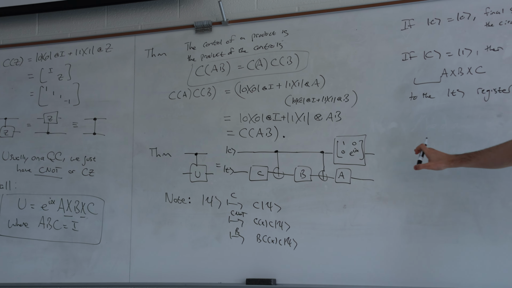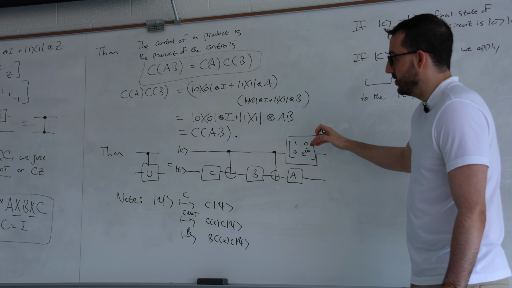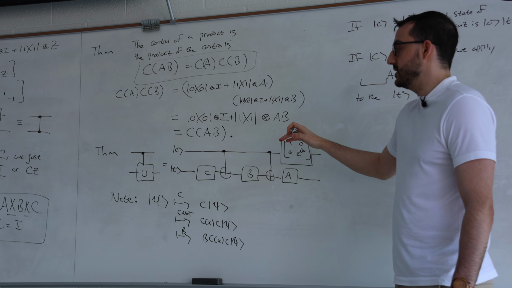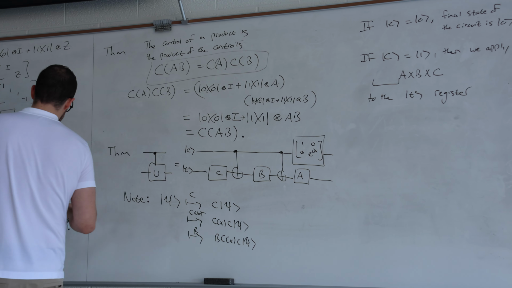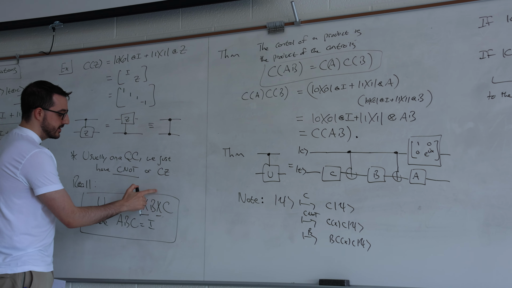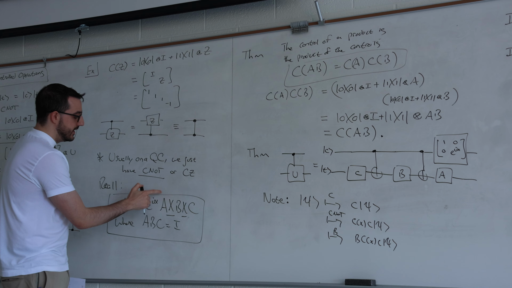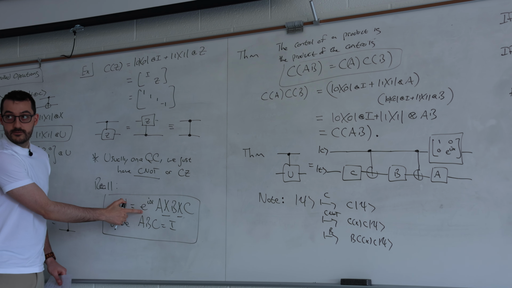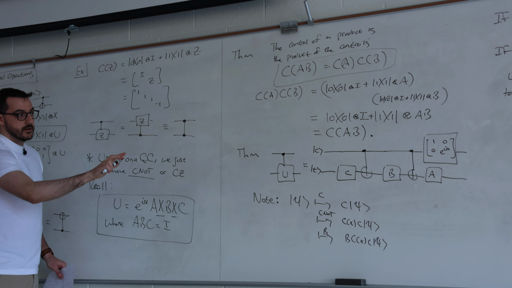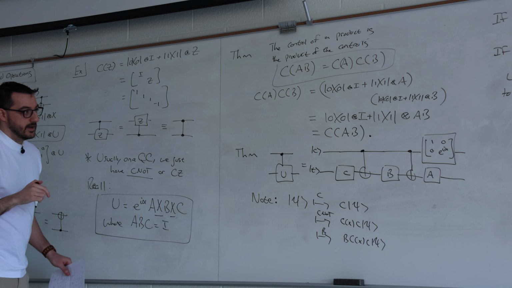So really what we did in the circuit was we went through and controlled each of the operations. So I did a controlled C, controlled X, controlled B, controlled X, controlled A, and then controlled e to the i alpha. The order is reversed. We discussed why that is.